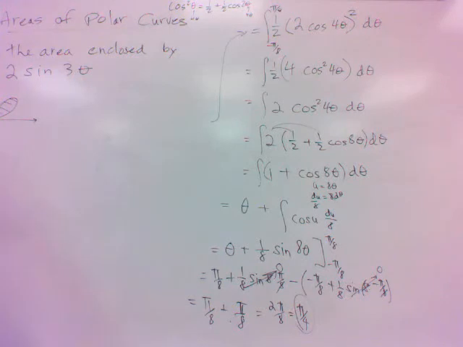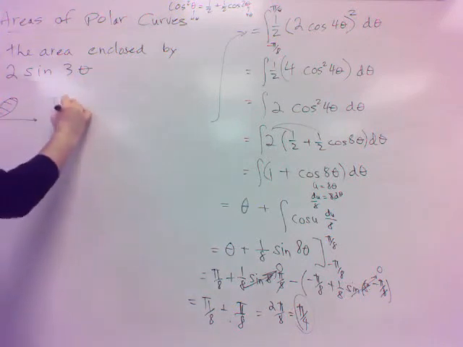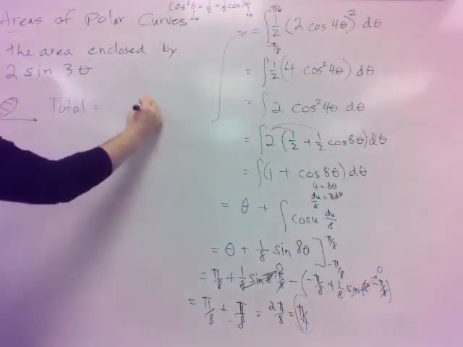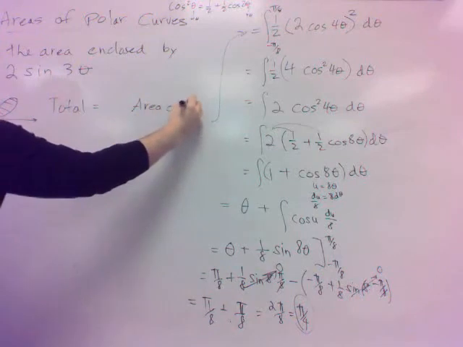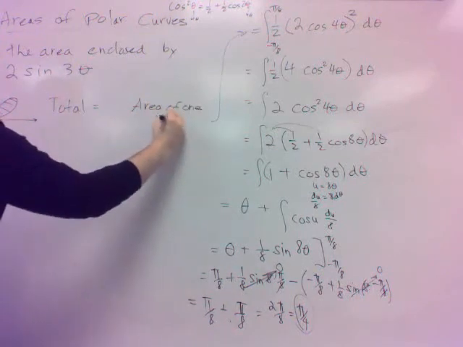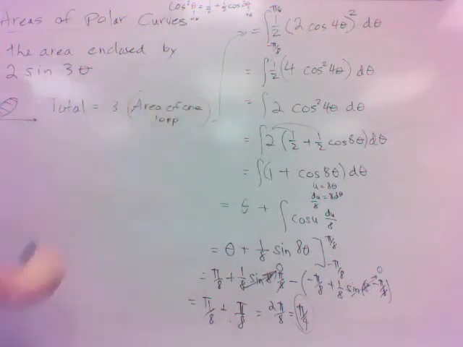So to find the total area, let's just find the area of one loop and multiply it by 3. That'll be a whole lot easier, don't you think? Instead of having to do all 3 loops. All right, so let's try that out.